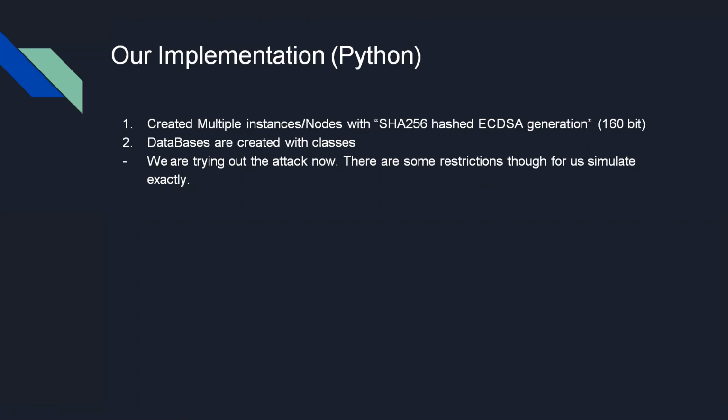Now coming to our Python implementation, we are trying to implement this attack in Python. We already created multiple instances or pairs with all DBs that are there in Geth. We also filled the DBs using a JSON file. So we are at the right time to perform this attack now.